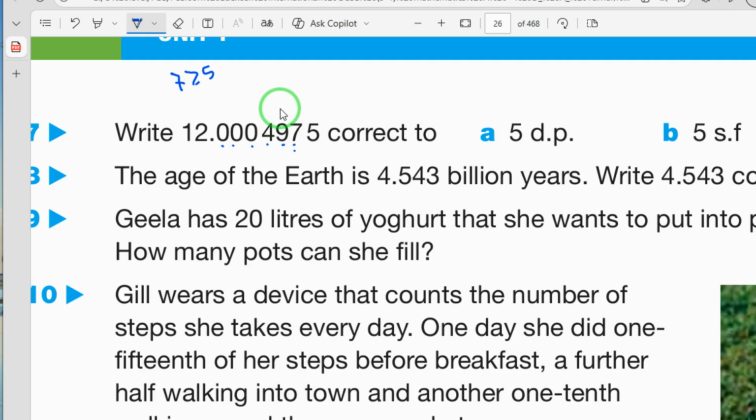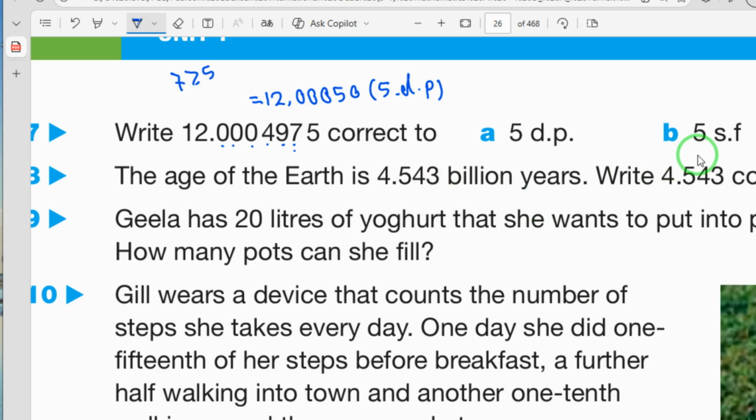So the answer is equal to, right here, 12.00050. 4 become 5, and instead of 9 we add 0. This one correct to 5 decimal place. If we count 1, 2, 3, 4, 5.